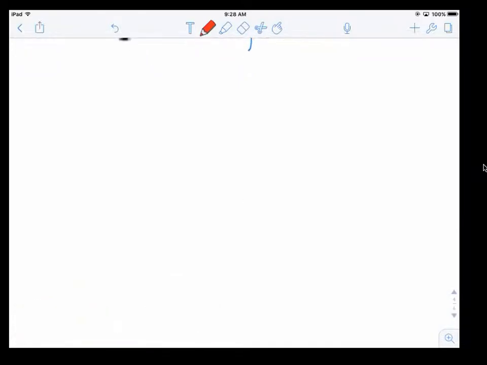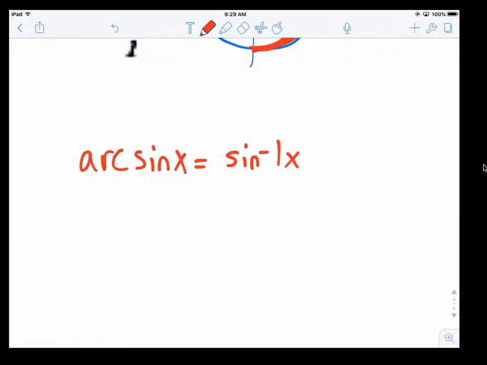All right, so arcsine is the same thing as sine to the negative 1 of x.